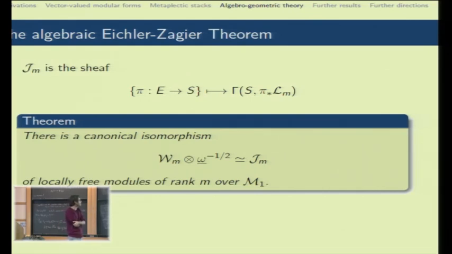And now here's a non-trivial result: if you take Wm and tensor it by omega to the negative 1/2, where negative means taking the dual invertible sheaf of omega to the 1/2, that's canonically isomorphic to Jm. When I say canonical, I mean up to a scalar in the base, not up to mu2, up to a scalar.